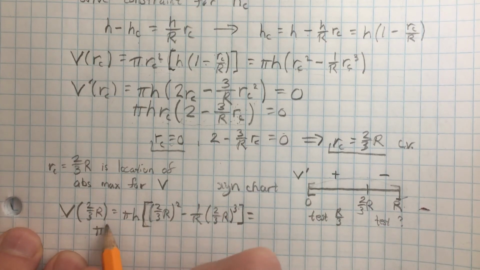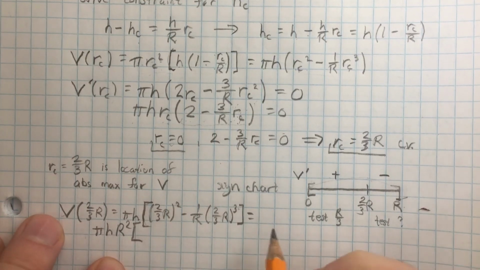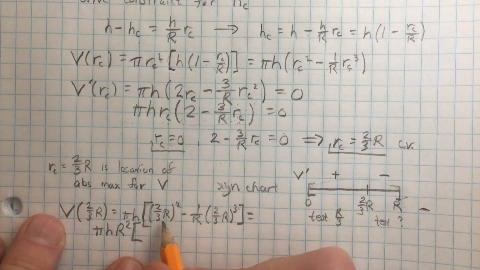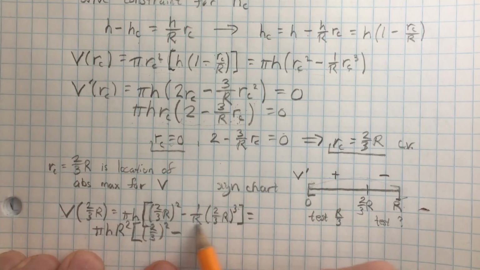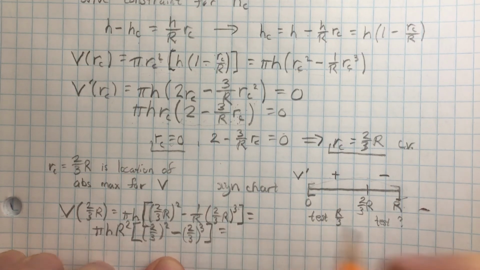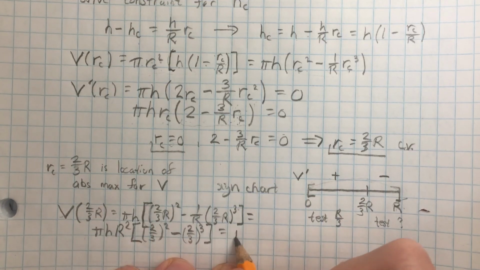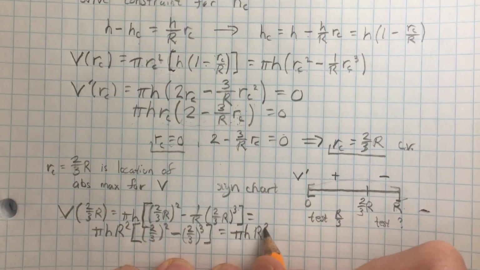So we'll have pi h R squared, and now we need to calculate what's on the inside. So we would have 4/9, 2/3 squared. It's true you can also take out 2/3 squared, but I'm not sure that'd be obvious to most. So let's just do it this way. So we have 2/3 squared minus, the R's have canceled and are removed, so we have a 2/3 cubed here. So we'll have pi h, capital R squared.